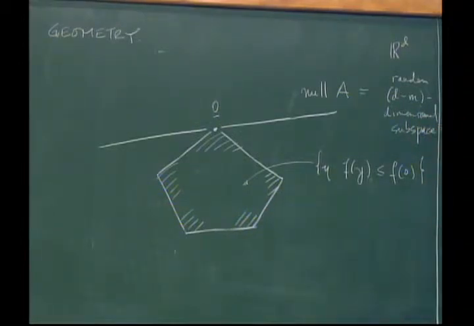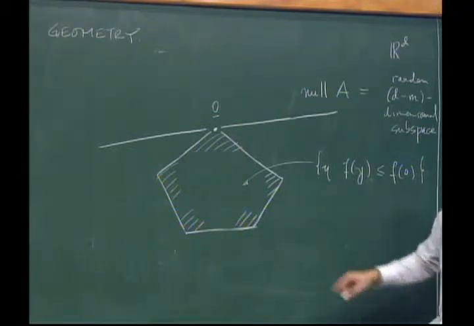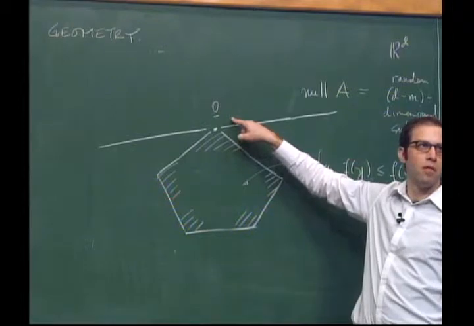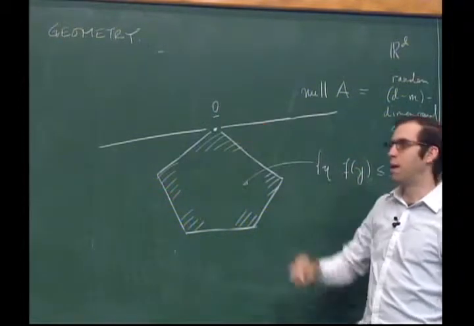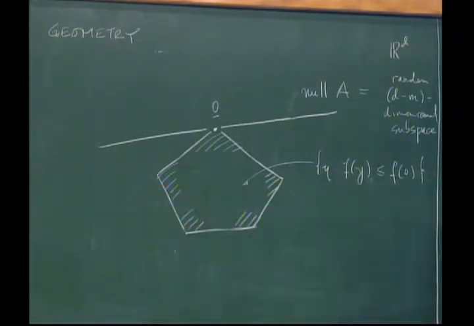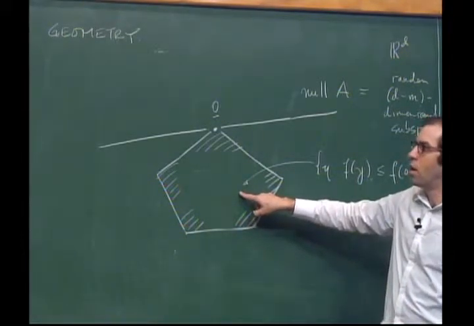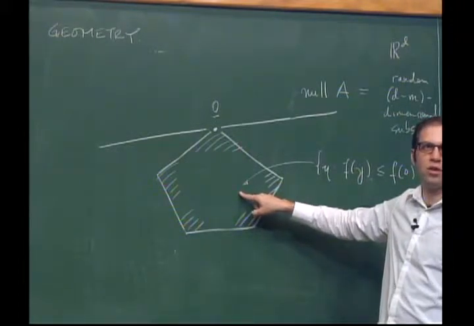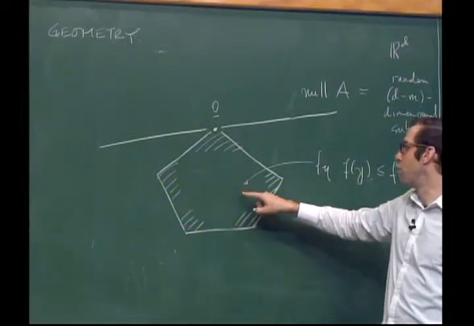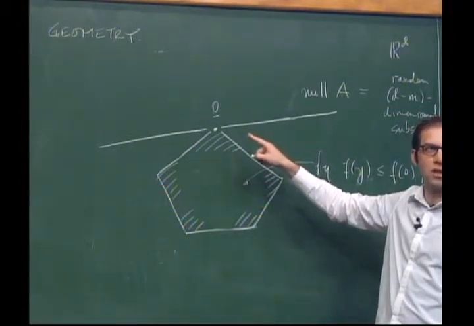Okay, so A is random. And the question now is, when is 0 the only optimal point of this optimization problem? So it's pretty straightforward that the only possible x that we could consider that have a lower objective value than 0 are the ones inside this convex set here.